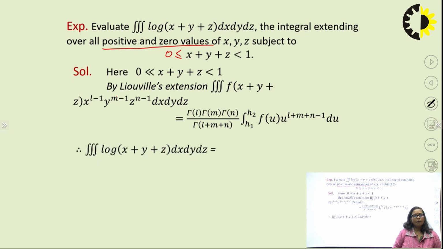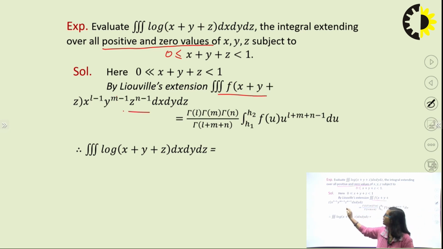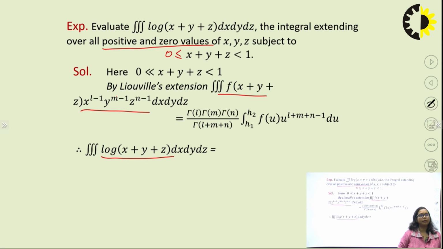Clear? So now we are starting with this given integral, triple integral of log(x plus y plus z) dx dy dz. Now look at how we evaluate it by using this extension. First of all, I need to write this given integral the same as the left hand side of this extension. The function of x plus y plus z given here is log(x plus y plus z).